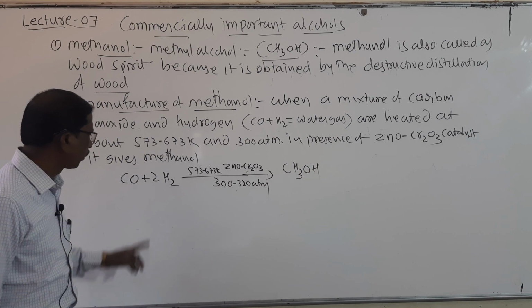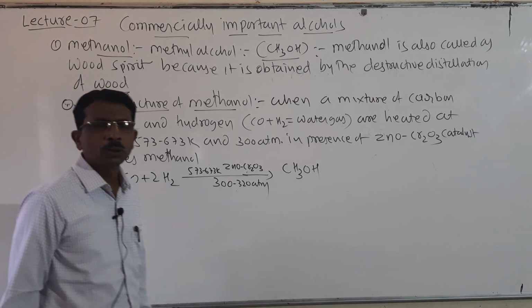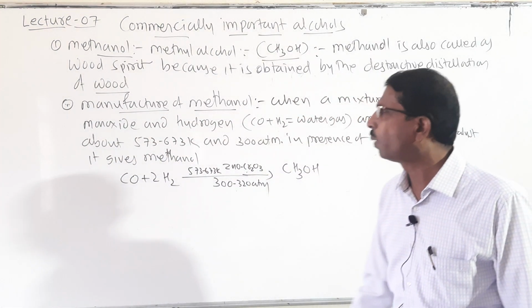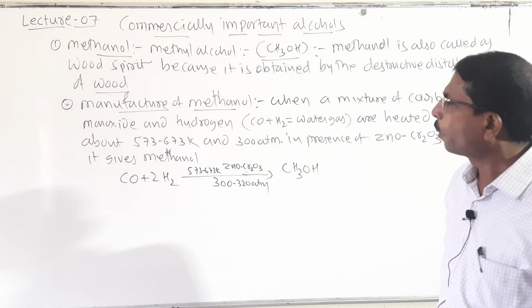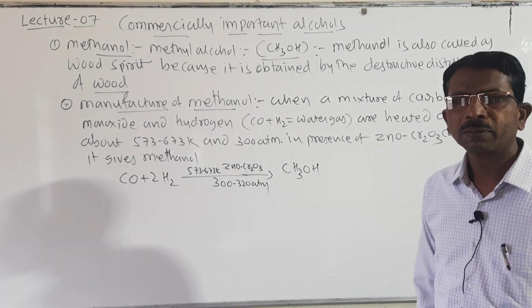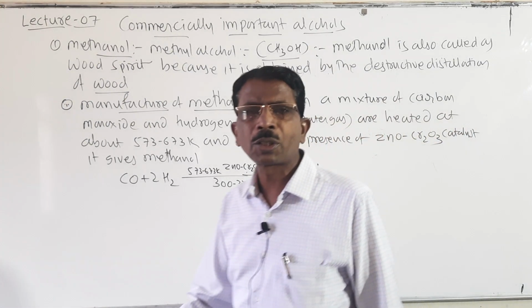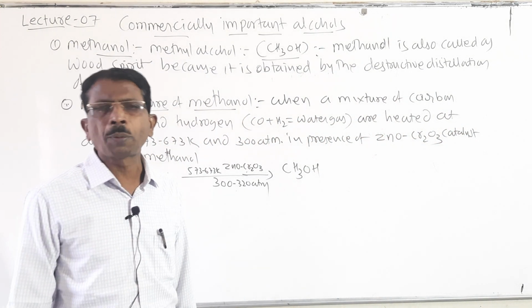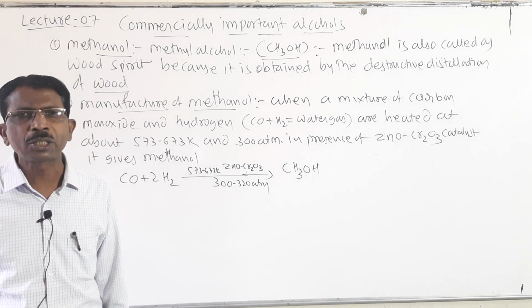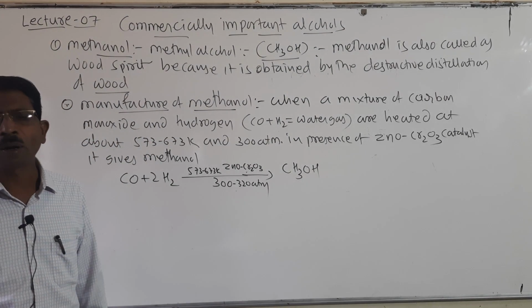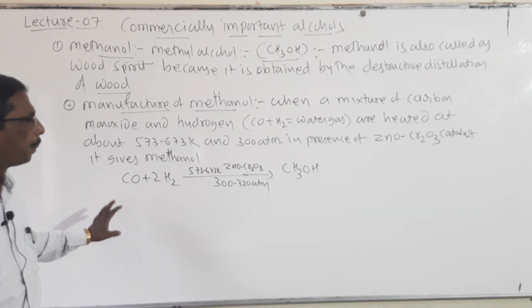Methanol is formed. So it carries 2 marks. How is methanol manufactured? From water gas. Or what happens when water gas is treated with zinc oxide and chromic oxide catalyst at high temperature? So here methanol is formed.